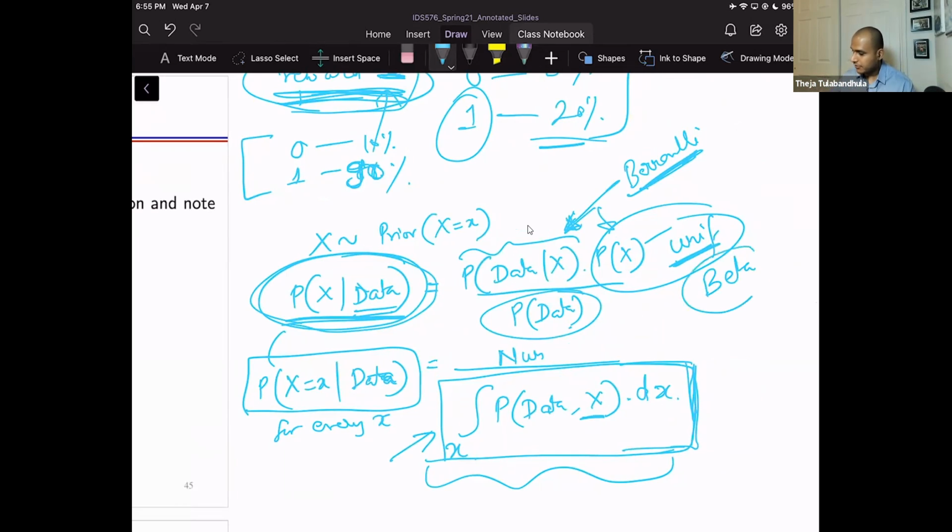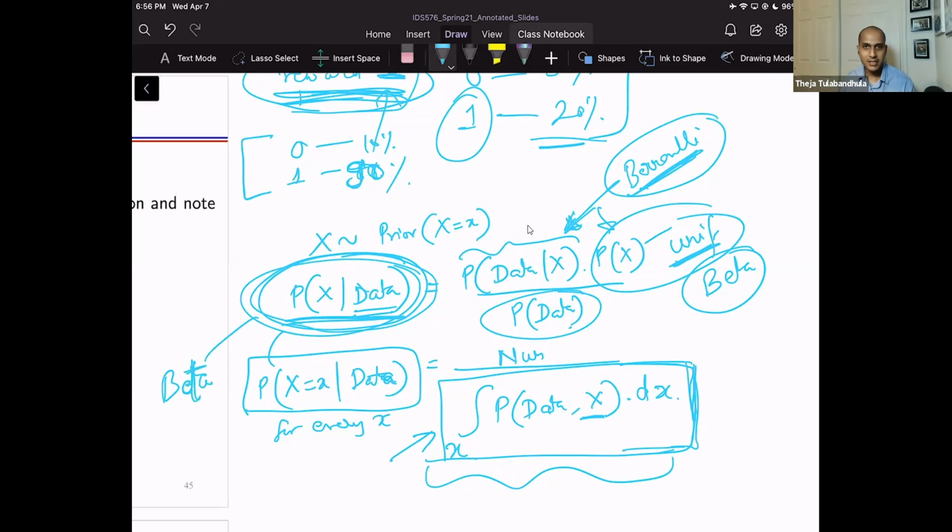It turns out that if the prior is a beta distribution and the likelihood model is Bernoulli, then you don't have to do any crazy computation, like computing the numerator and the denominator for every x value, to find the posterior. The posterior also happens to be beta.